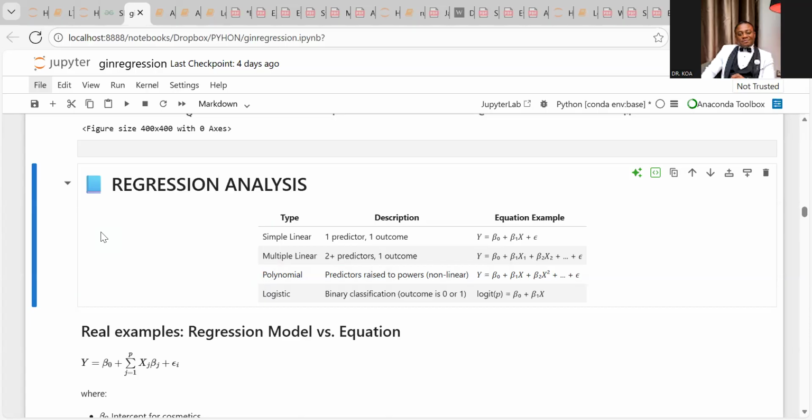So that is a very important point for nonlinear regression. Sometimes you have something called multiplication of some of the independent variables. This is called an interaction effect. So you believe that there is a relationship between experience and education.